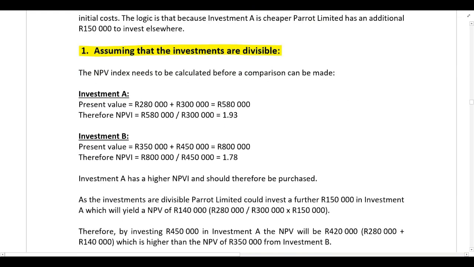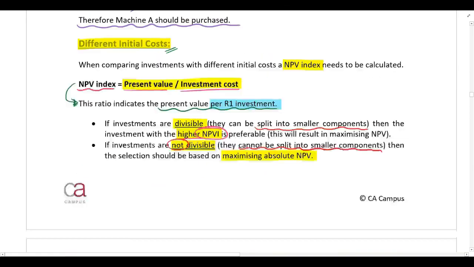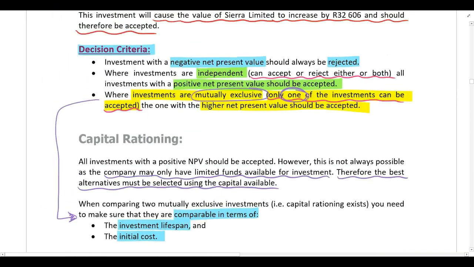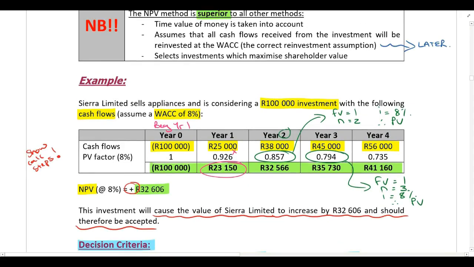So let's first look at the calculation for investment A. We know that investment A has a net present value of 280,000 Rand. But please note that is the net present value. I want you to go back in your lecture notes to the first example where we calculated our net present value.